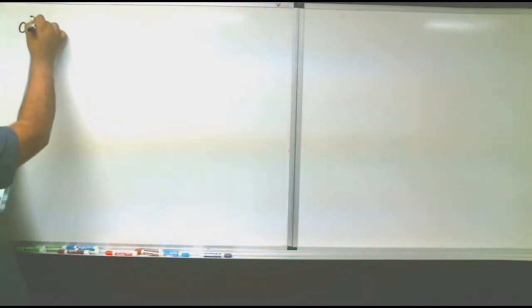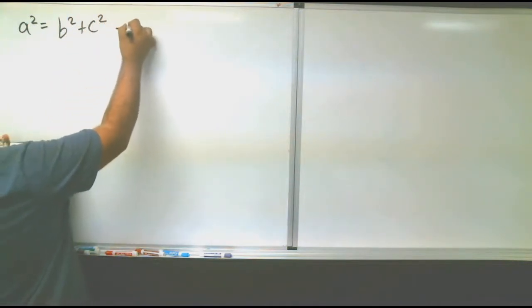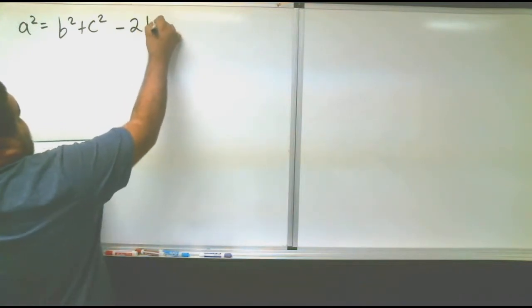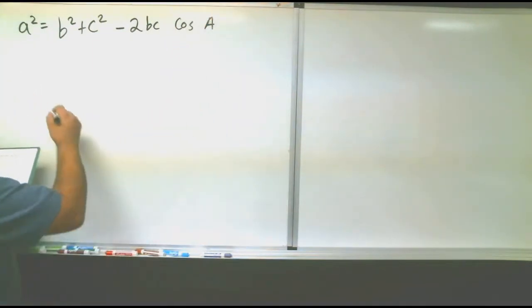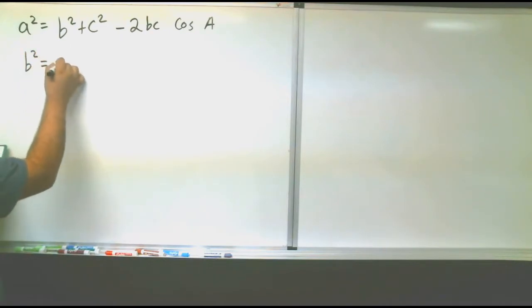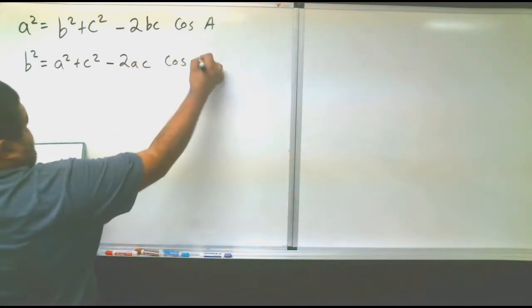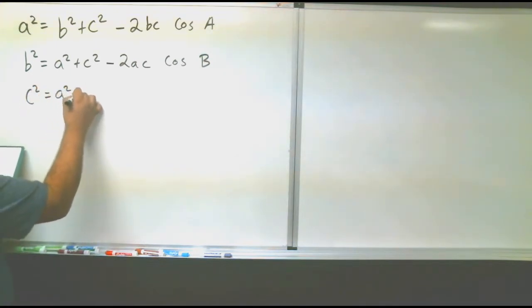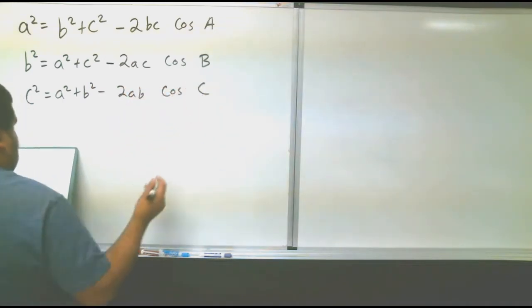A squared equals b squared plus c squared minus 2bc cosine of A. That's 1. Then we have B squared equals A squared plus C squared minus 2AC cosine of B, or C squared equals A squared plus B squared minus 2AB cosine of C.